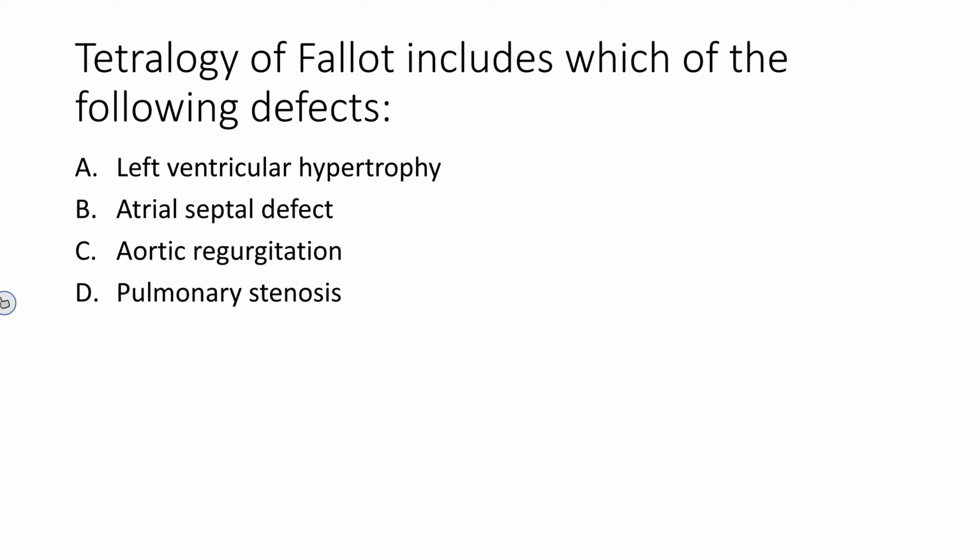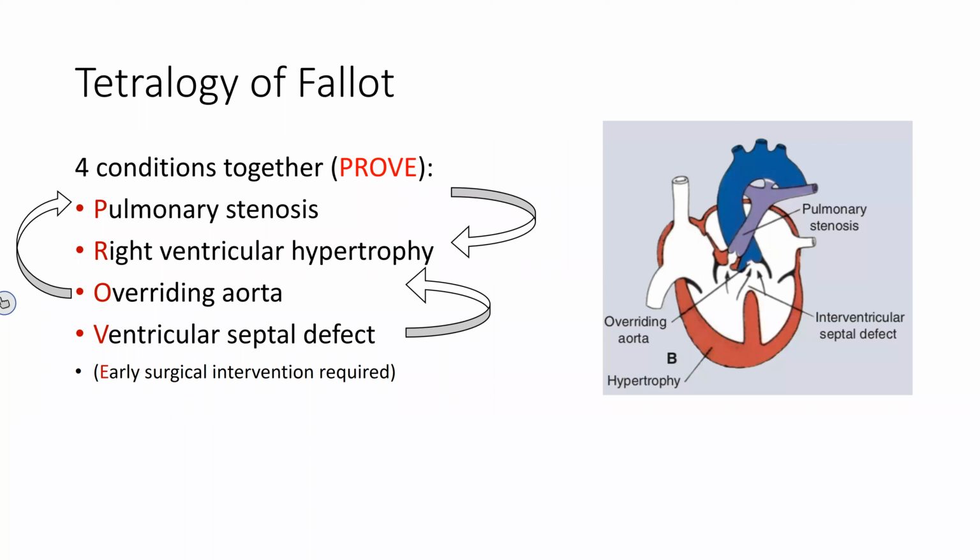So a question: Tetralogy of Fallot includes which of the following defects? It's pulmonary stenosis, and a way to remember all the four conditions is PROVE.